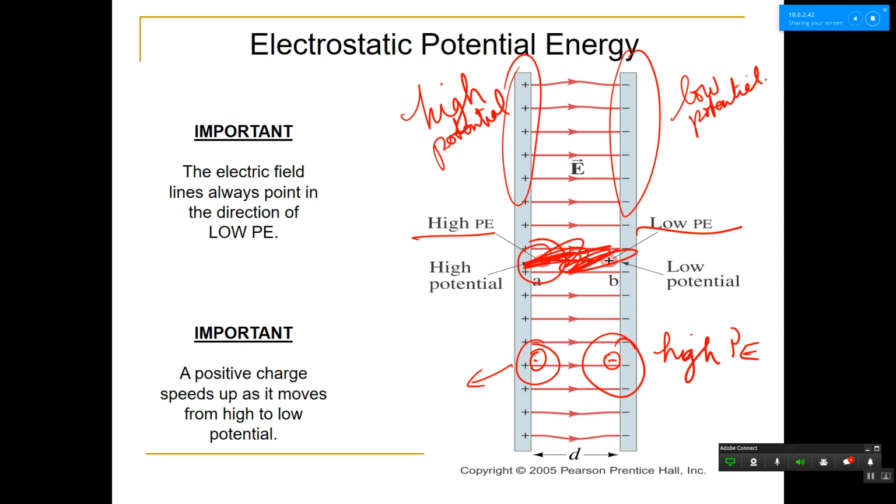So this is going to be low potential energy. And do I switch my high potential and low potential? No, I don't, because it's irrespective of the charge that I'm putting in there. So this is still high potential on the left, and it's still low potential on the right.